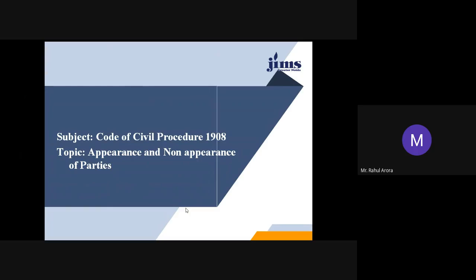As you all are aware, substantive law provides the rights and duties of the parties, whereas procedural law provides the procedure to achieve the ends of justice, whereby to give effect to the rights mentioned in the substantive law, meaning thereby both substantive and procedural laws are supplementary and complementary to each other.